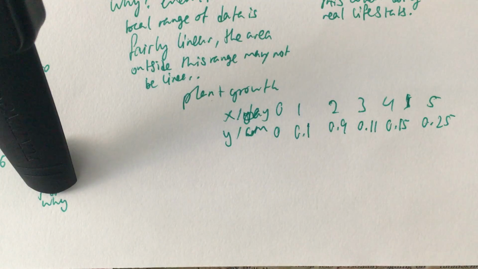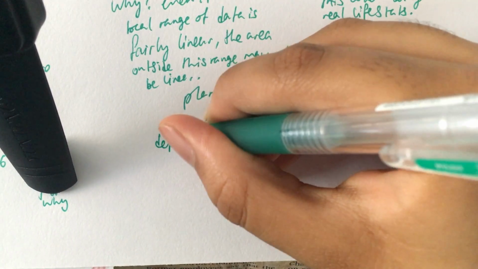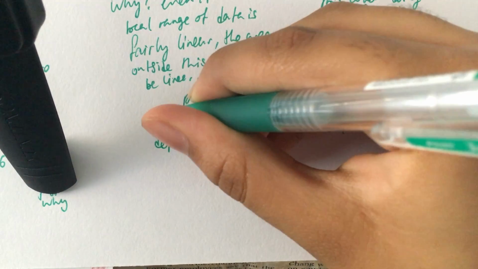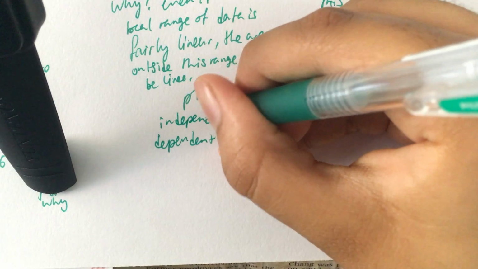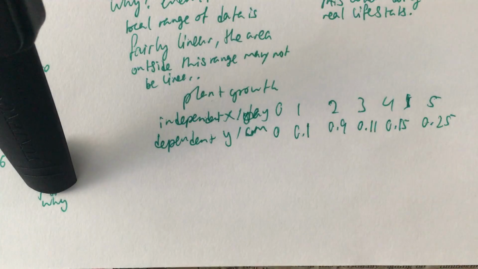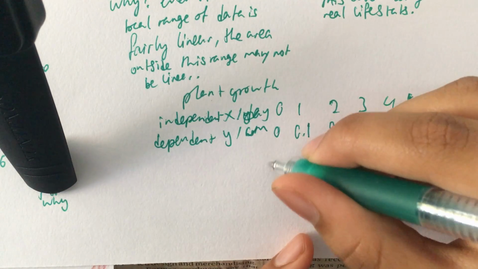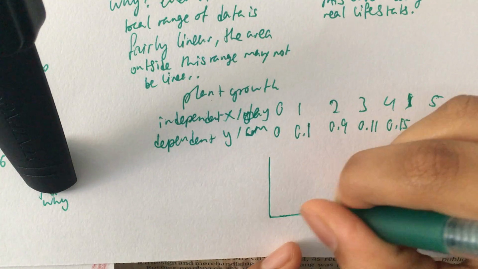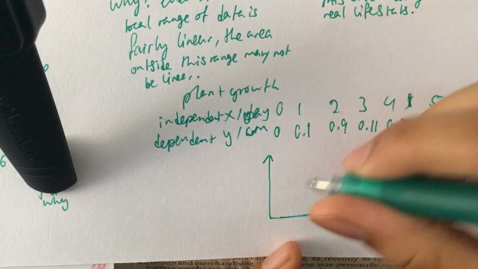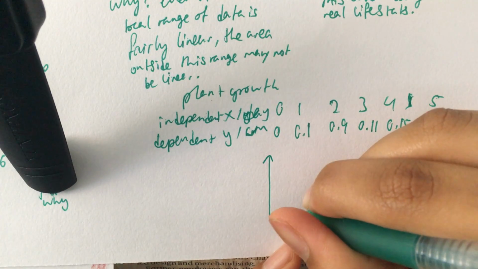You know which one is the dependent value and which one is the independent value, and from there you can put your x and y. So as you change the x, your y will change accordingly. Once you've identified the two values, you plot them on the graph, and then you can use it to do your interpolation or whatever it is that you need to do.